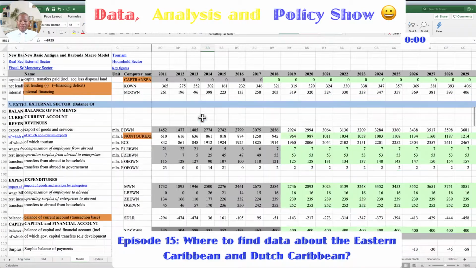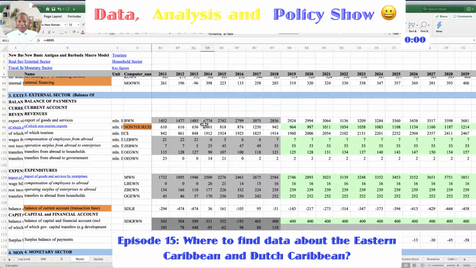What I want to show you is the external sector. The external sector is very, very important for an island because it gives you the exports and the imports. Those islands are small by population, but if you're looking at the export and import possibilities, say as a supermarket importing things from outside, you want to know the total number of imports and the exporting.